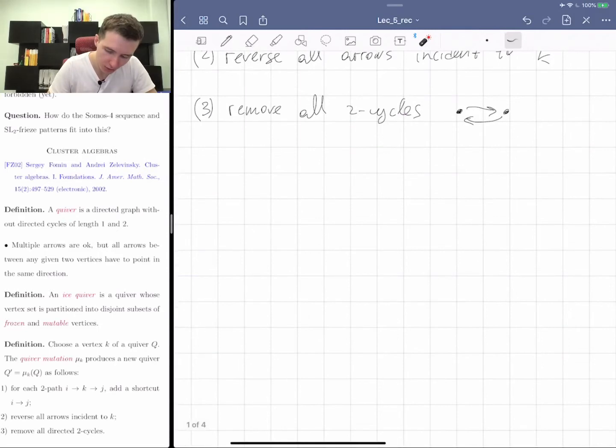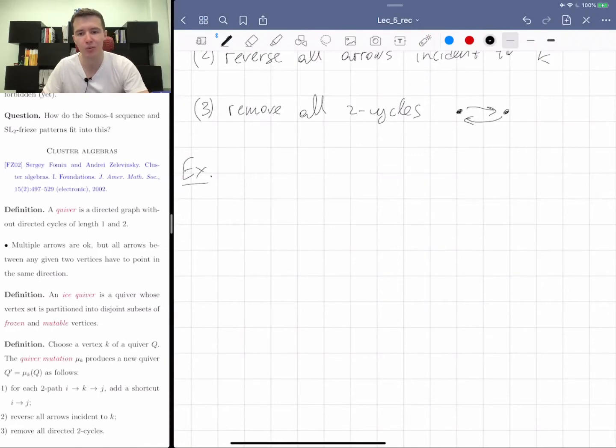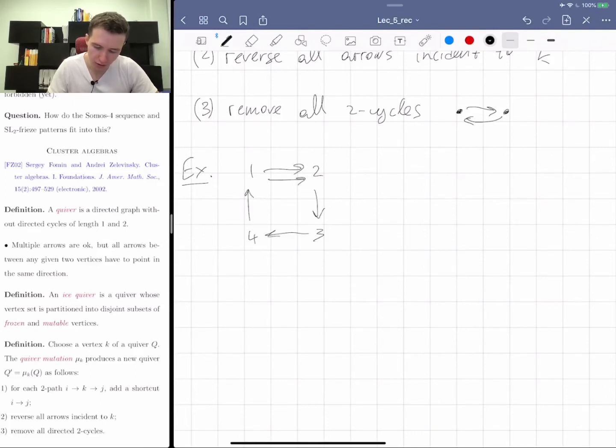And so, okay, now I'm going to do an example. In class, this was an interactive example where people were telling me which vertices to mutate, but now I'm just going to recreate the same example. So the quiver looks like this: 1, 2, 3, 4, and then the arrows are, so there is a double arrow here, that's okay, and that's the quiver on 4 vertices.